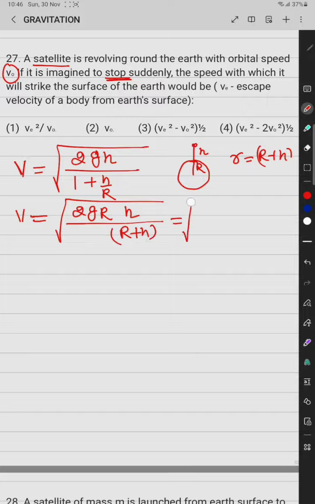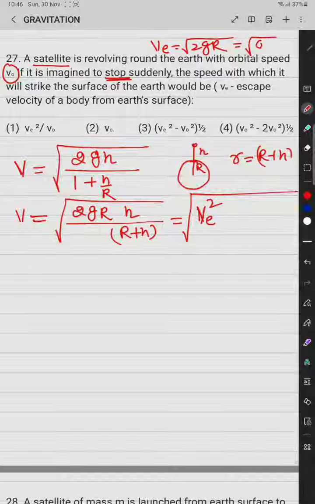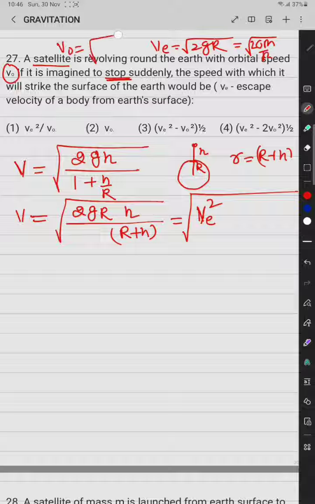Now the escape velocity, we know, is equal to root of 2gr, or root of 2gm by r, same thing. And the orbital velocity of the satellite is under root gm by small r, where small r is the orbital radius. Now the term h is small r minus capital R, and r plus h is small r.